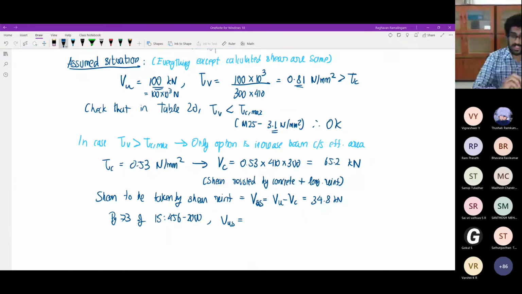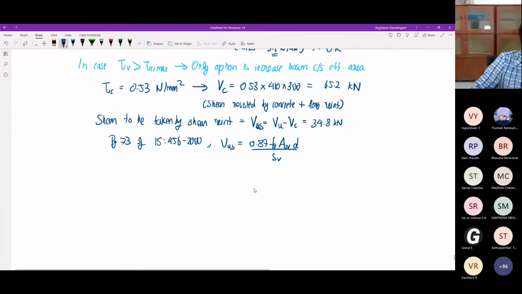Since you don't know two things, the usual thing is to assume Asv. So we'll assume a two-legged 8 mm stirrup, and we'll just change the spacing. Then Asv is nothing but the area of one 8 mm bar. These things you should remember without needing to calculate. What is the cross-sectional area of one 8 mm bar? 50.